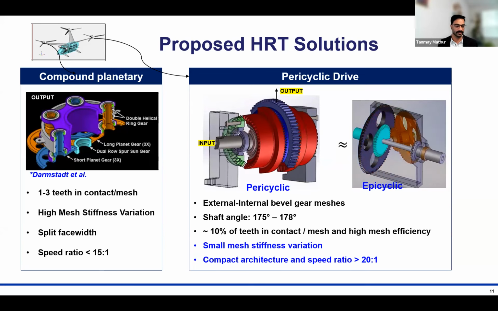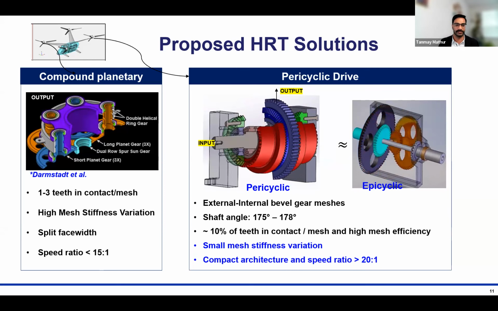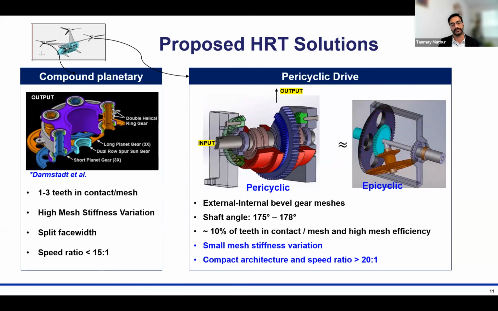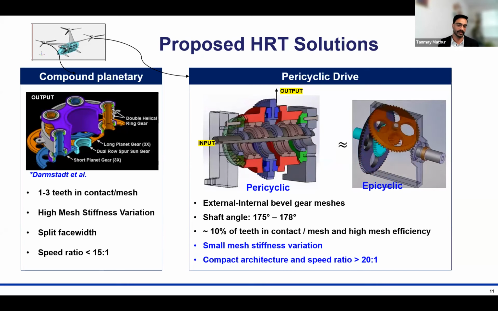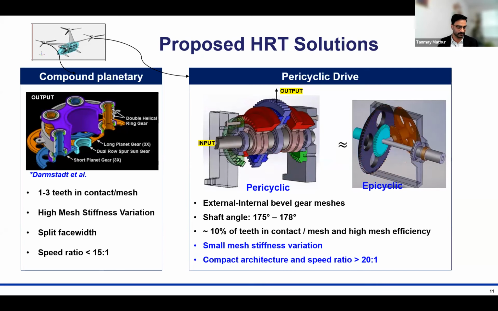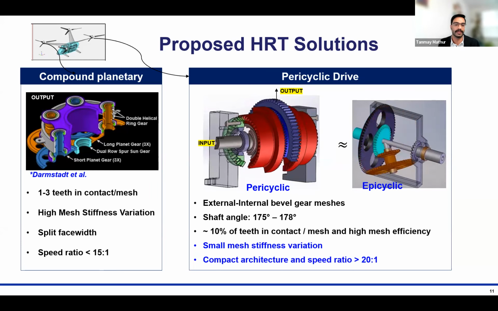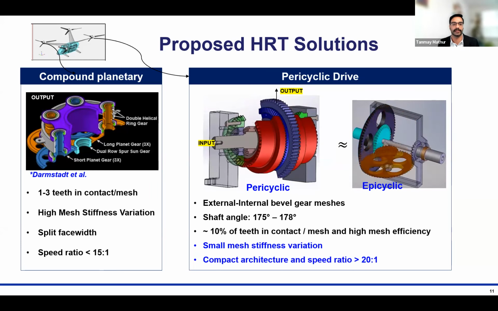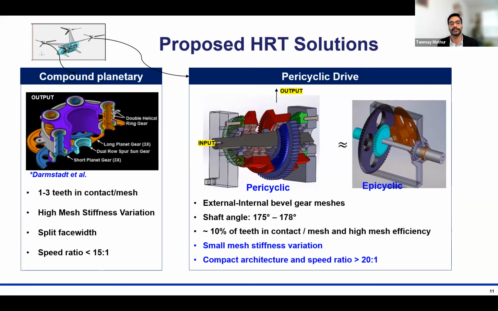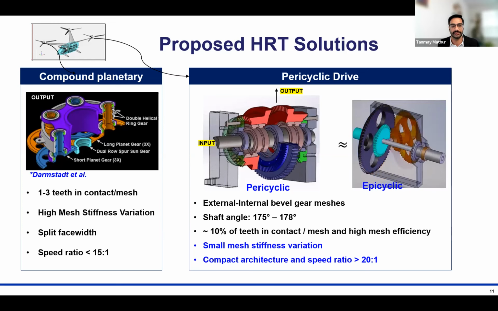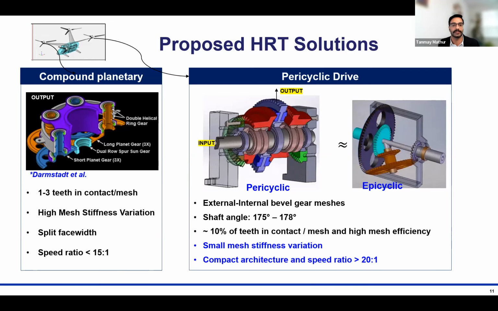So that enables you to have a small mesh stiffness variation and lower excitation during the operation of this gearbox. And within a very compact architecture, for example this one shown, you can have a 32:1 reduction ratio going from the input to the output.